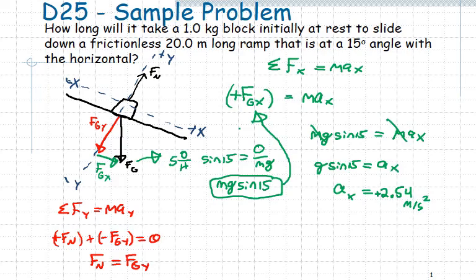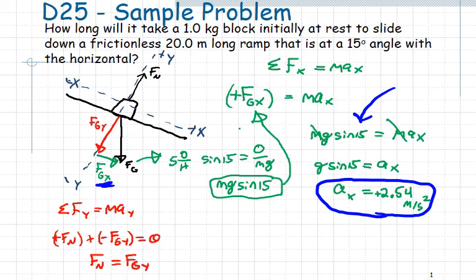In this case, if you left it in variable form, you should have ended up getting 2.54 meters per second squared as the acceleration. But what I want you to do is, on your sheet of paper, write this method as well. If you leave it in variable form, this is the FGX, that is mg, which is the hypotenuse, times sine of 15 using the trig.